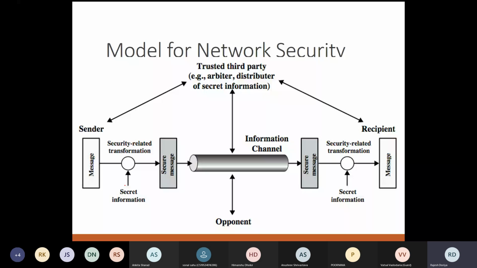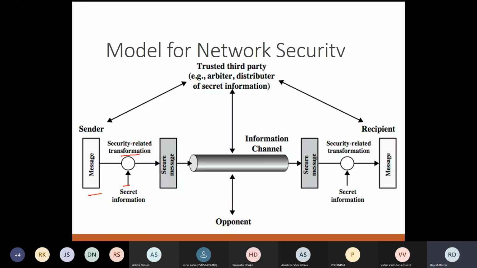And this is a typical model for network security. It says that if you want to send some message from one end to the other end, then you need to apply some secret information and some security related transformation. This is your encryption algorithm, and this is your key.